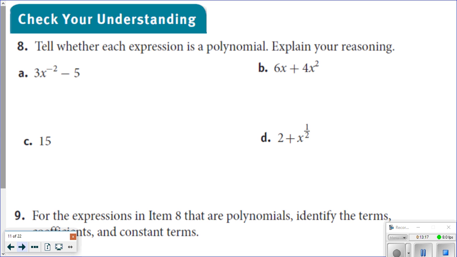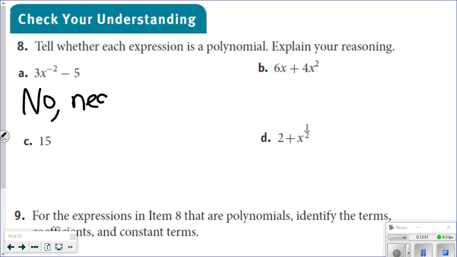Question 8. Tell whether the expression is a polynomial and explain your reasoning. So I want you to look at A through D. Remember, the only condition is that it has to have whole number exponents. And think about our exponent rules. We cannot have negatives. So try these questions. 8A, the answer here is no. Why?